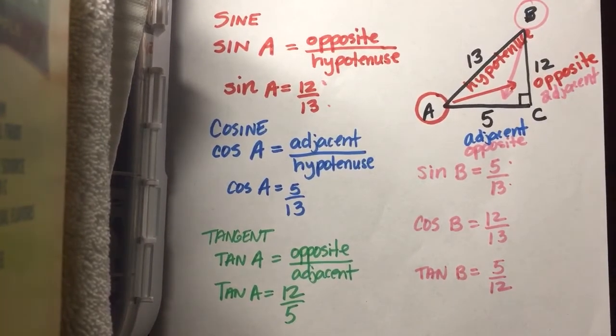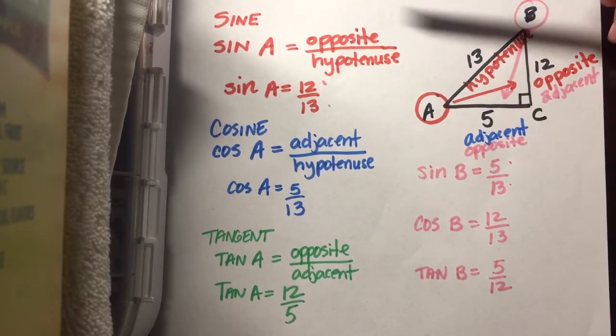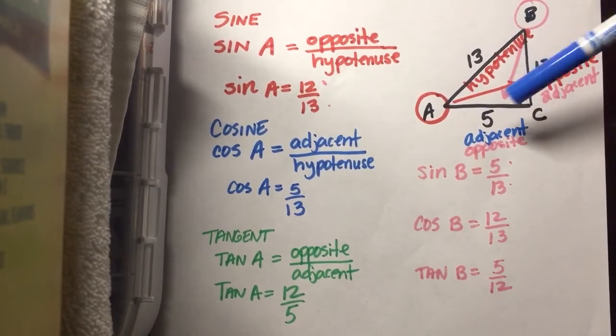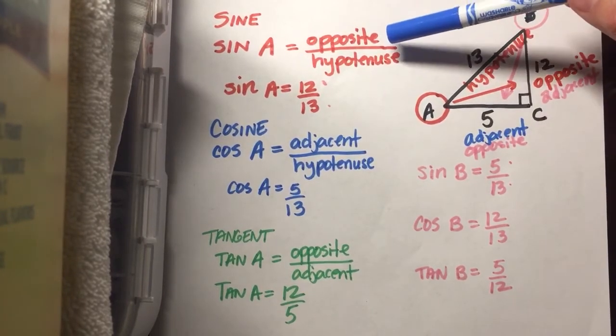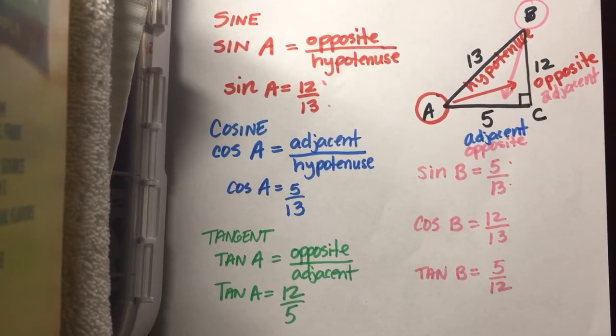Okay, so I want you to look at these operations here. All you're doing is looking at the angle and determining the ratio of the lengths of the sides based on the location they are compared to that angle. So it's opposite, adjacent, and hypotenuse. Well, in a right triangle, the same side will always be the hypotenuse.